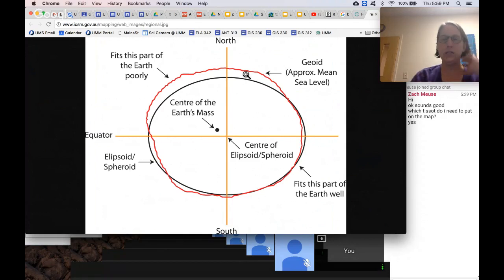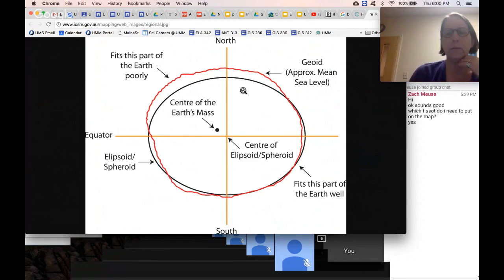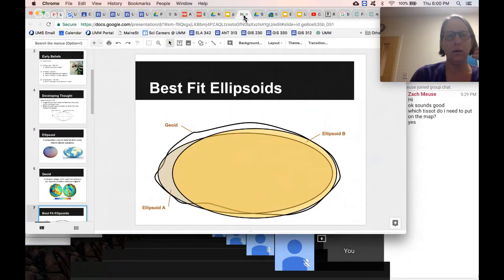Because a geoid not only determines where your coordinates are going to lie on the surface of the Earth, but you also have to measure above and below that surface of the Earth to get all three dimensions. All right, so geoids are made to best fit certain areas of the world.